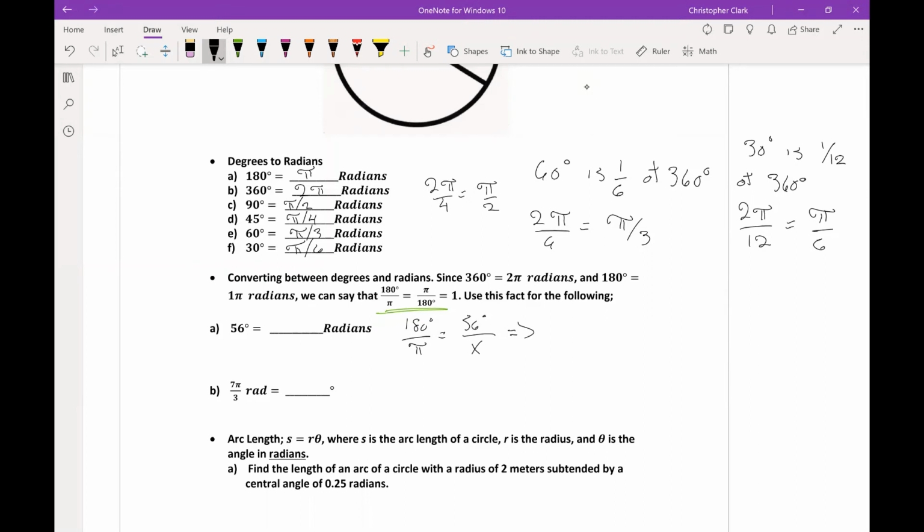If we do this, we get x times 180 degrees is equal to 56 degrees times pi. Solve for x, you get that x equals 56 degrees times pi divided by 180 degrees. And if you do this, you get 0.31 repeating pi.